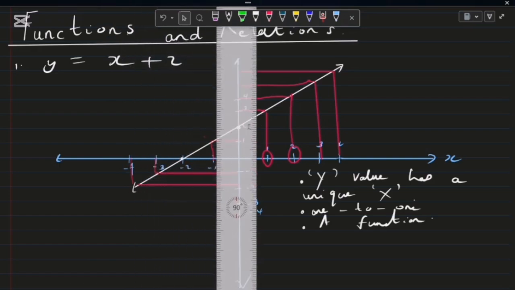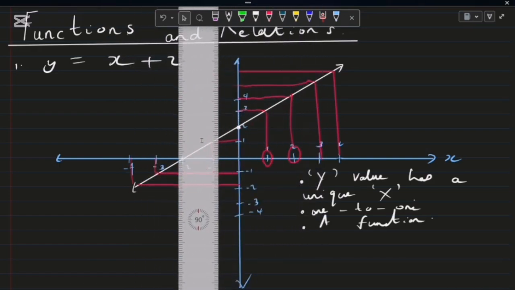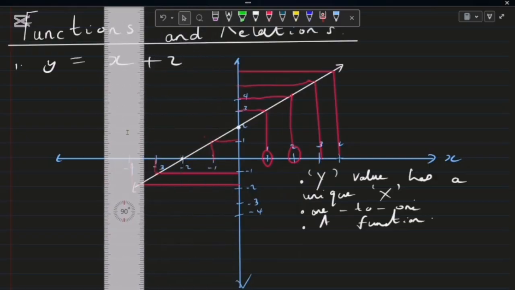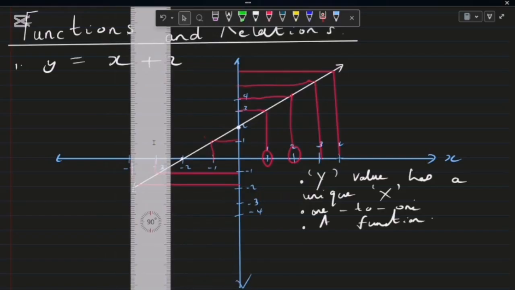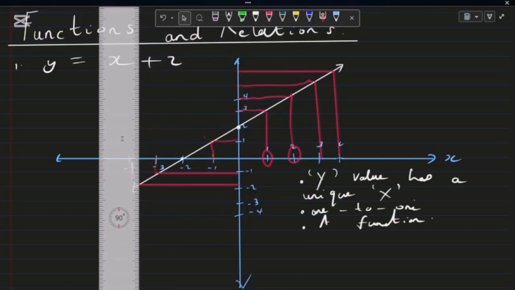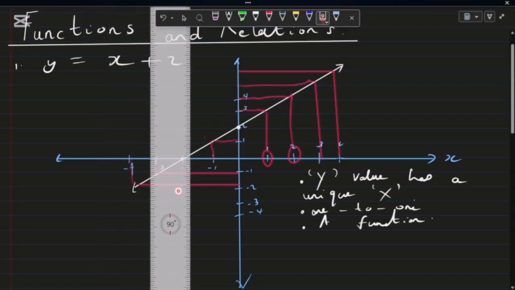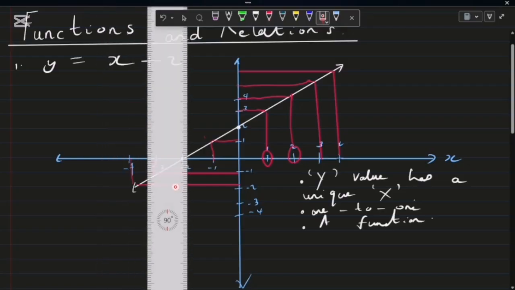Now you can see that at every instance whereby this vertical line or this ruler is touching the graph, it touches the graph once, at one point, because at this instant it's only touching the graph there. And at that instance, it's only touching the graph there, and so on and so forth.